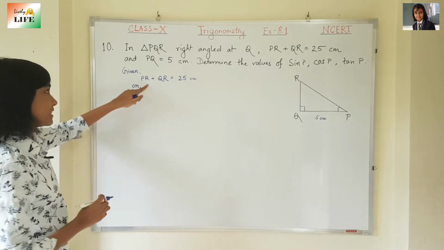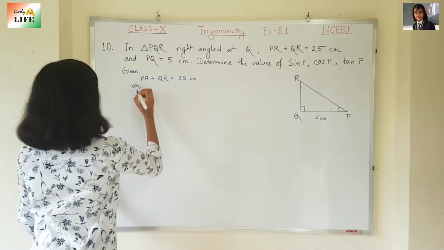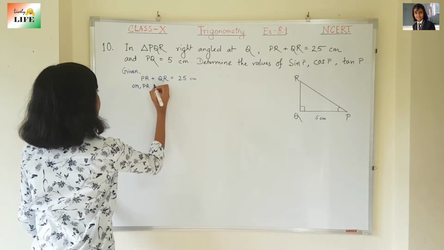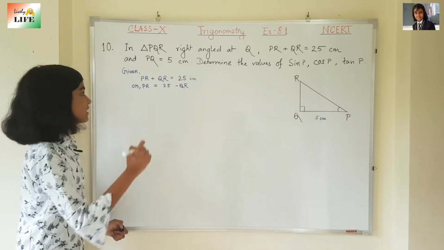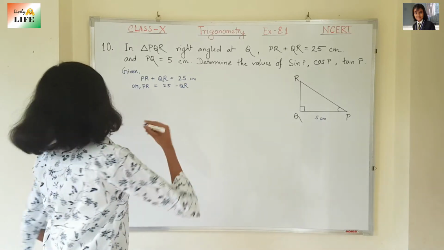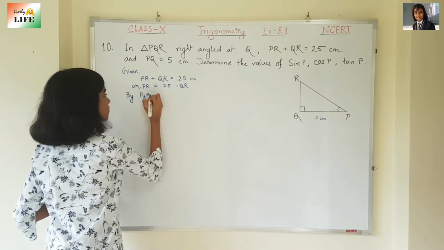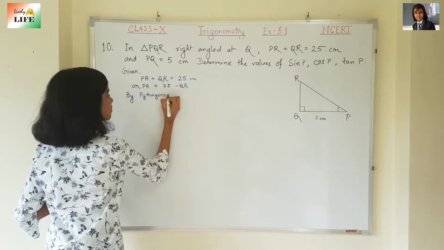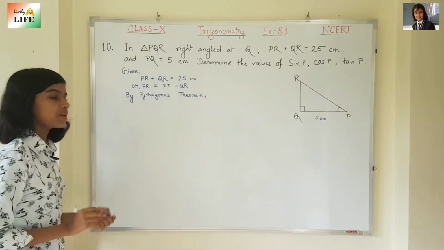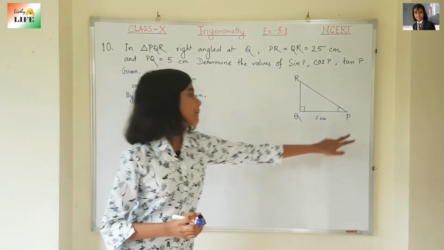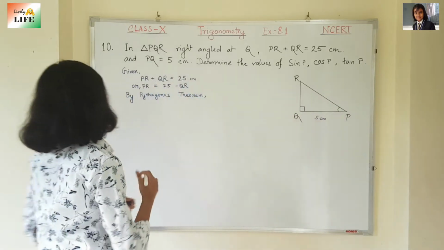Or we can say that PR is equal to 25 minus QR. Now we are going to write by Pythagoras theorem. What is the Pythagoras theorem? PR square is equal to QR square plus PQ square.